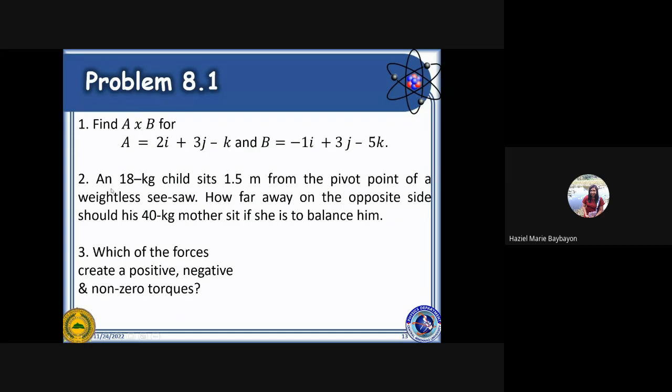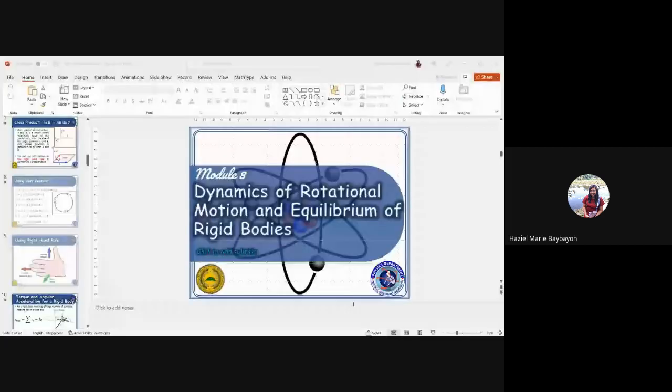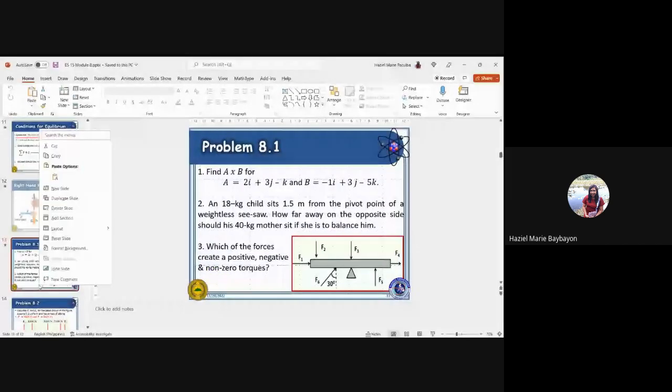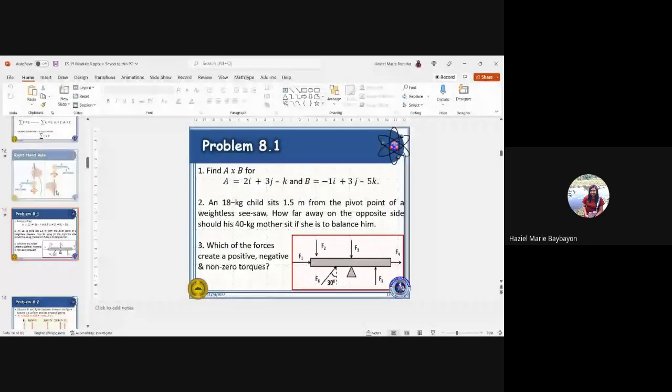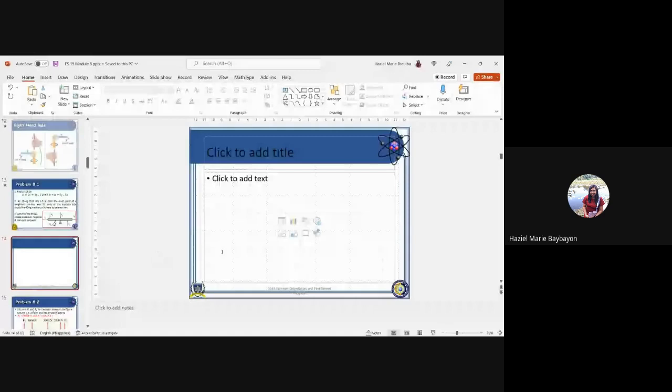An 18 kilogram child sits 1.5 from the pivot point of a weightless seesaw. How far away on the opposite side should his 40 kilogram mom sit if she is to balance him? This should be our last activity in the laboratory class.